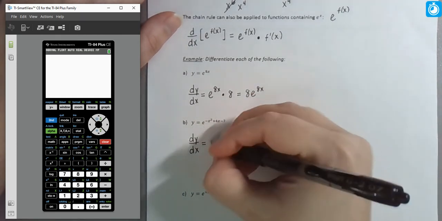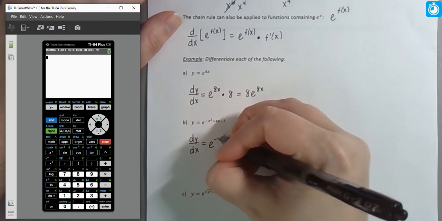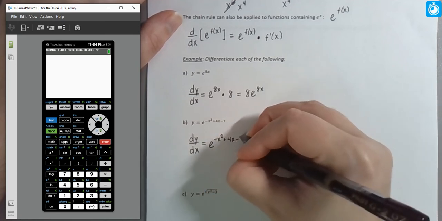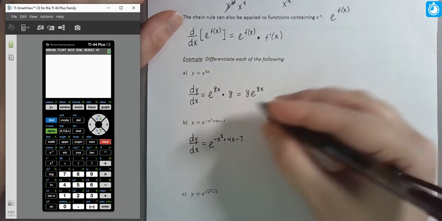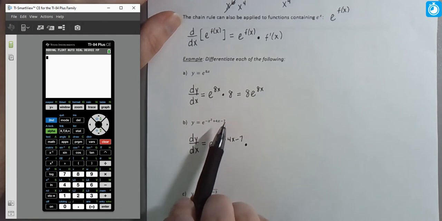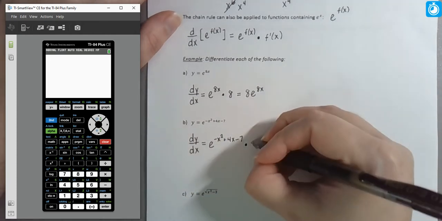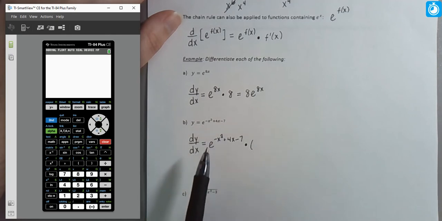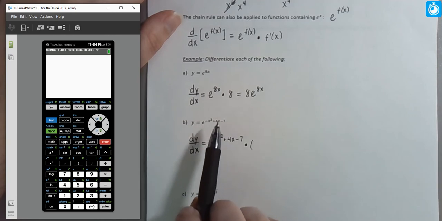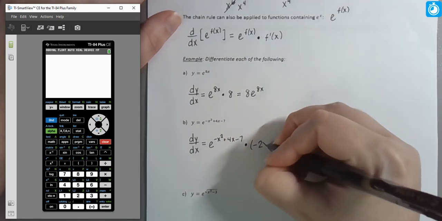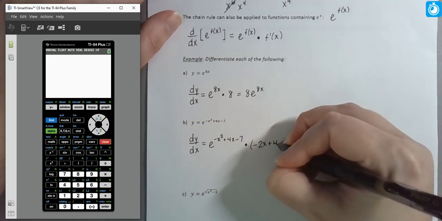It's its own derivative. So e to the negative x squared plus 4x minus 7 power times the derivative of our inner function, in this case this function that is in our exponent. So if we differentiate, in that case we can just use the power rule and then the sum and the difference rule. So that's going to give us negative 2x plus 4.